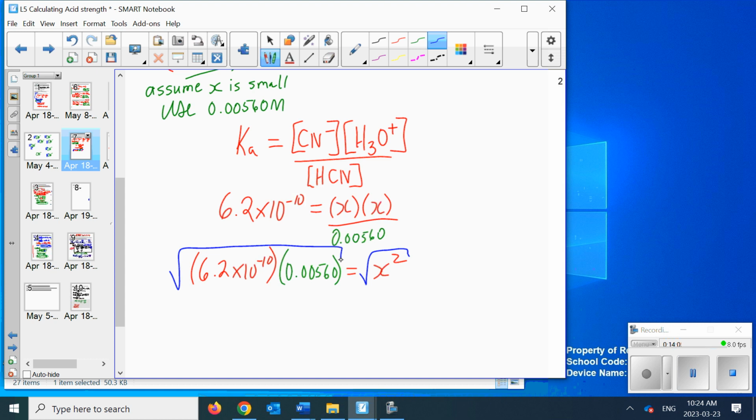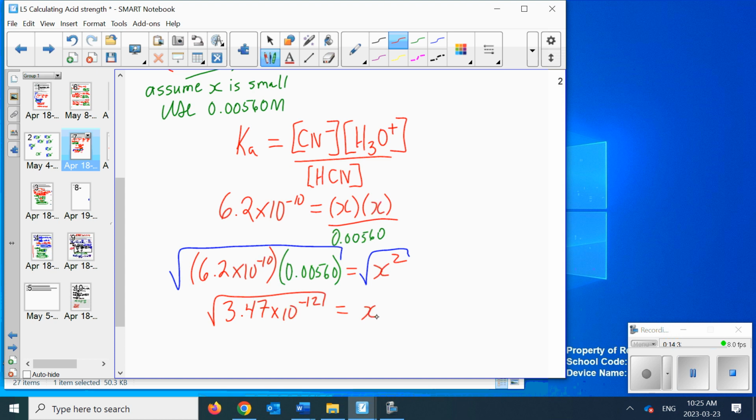It's 3.47 times 10 to the minus 12. And you should get 1.86 times 10 to the minus 6.